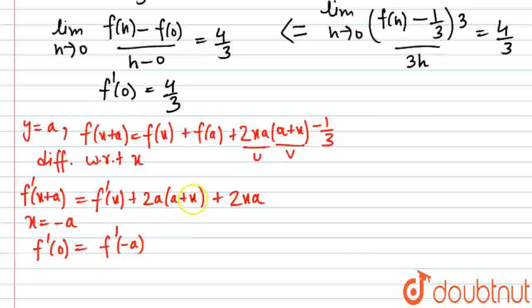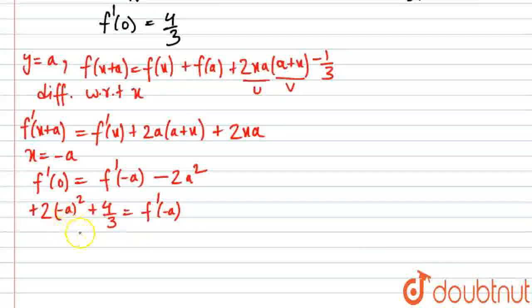Now x was minus a, so this is going to be 0, and this is minus 2a square. Now just shifting this here makes 2 times (minus a) whole square plus f dash 0. f dash 0 is 4/3, that is equal to f dash of minus a.